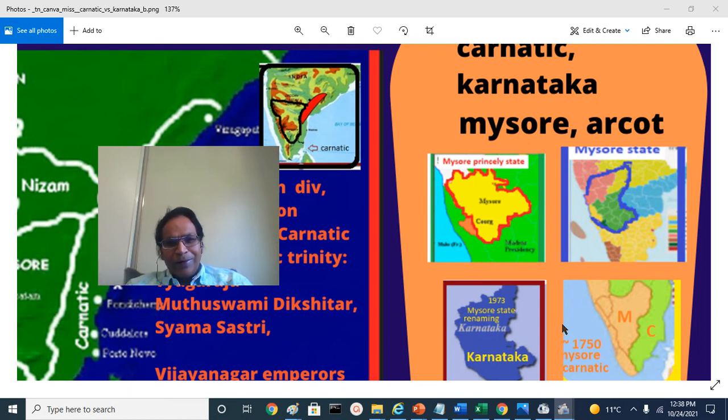Where on the Bangalore Plateau, Bangalore is a prominent city and headquarters. That state, Mysore state, at that time after partition, was formed by amalgamating surrounding areas.